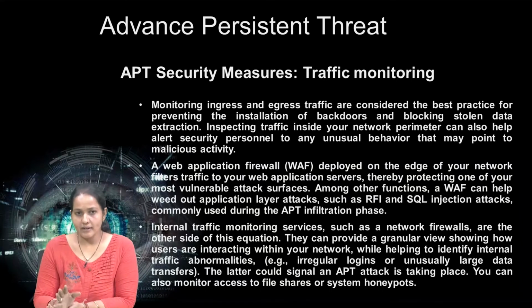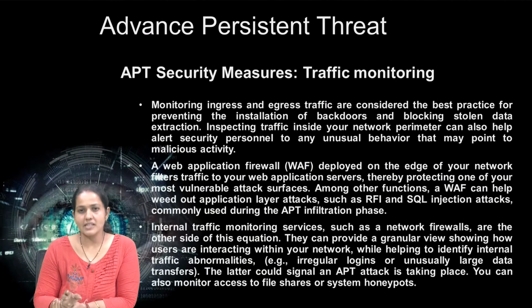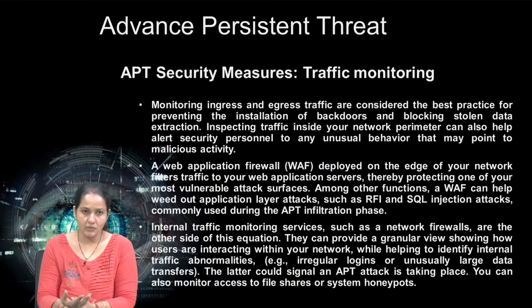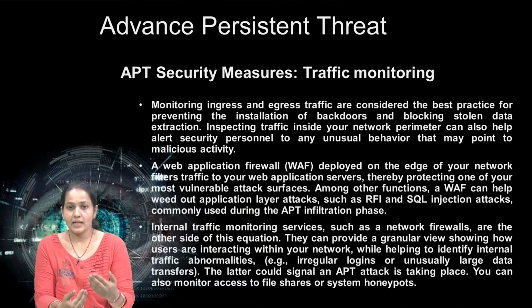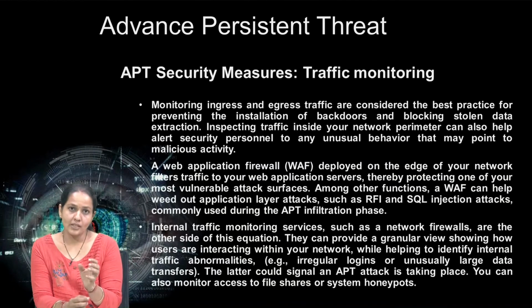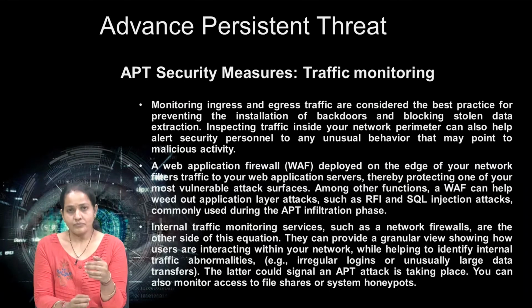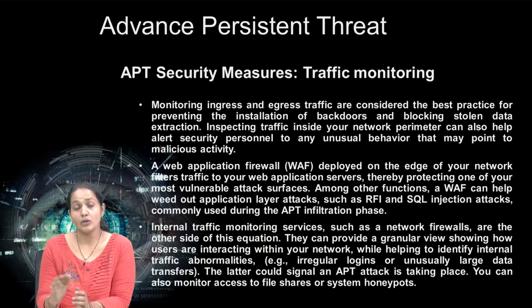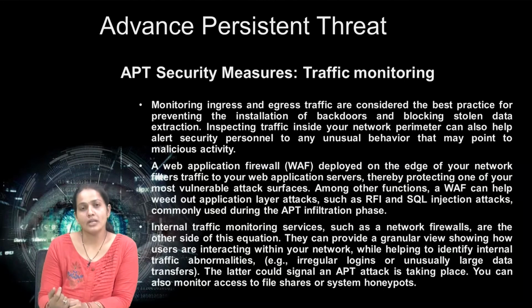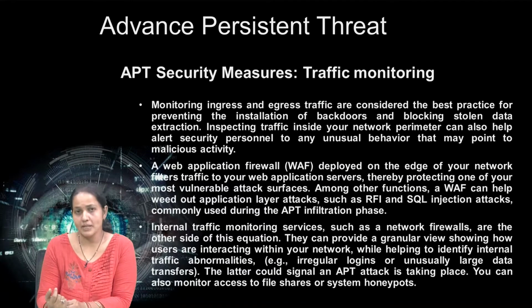Then internal traffic monitoring services, such as the network firewall, show information that an access was made by outsiders, or that anomalies were performed by outsiders, or that unauthorized resources are accessing your network. That type of monitoring mechanism is also established by the APT measure, that is traffic monitoring.